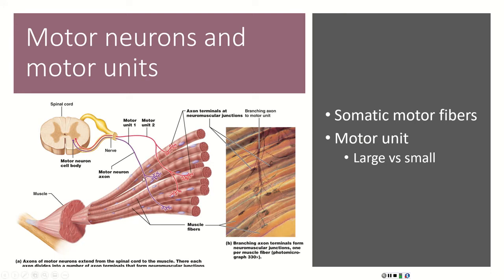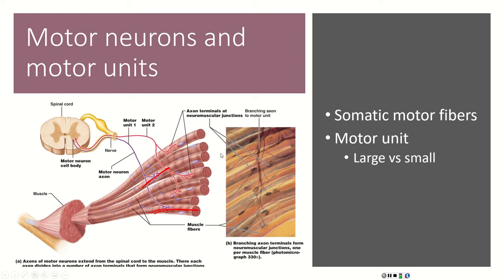One motor neuron will innervate multiple muscle cells, but one muscle cell is only innervated by a single motor neuron. So let's demonstrate that. Let's look at this purple motor neuron. It branches, and we can see that it innervates this muscle cell and this muscle cell. So the purple innervates 2 muscle cells.